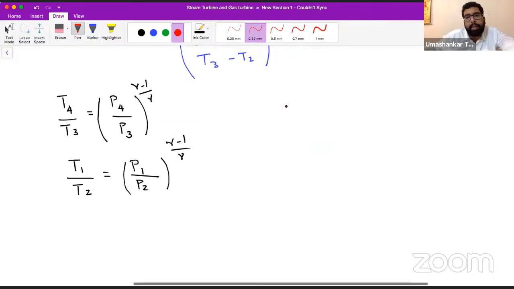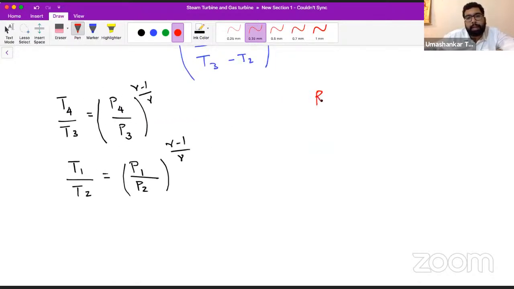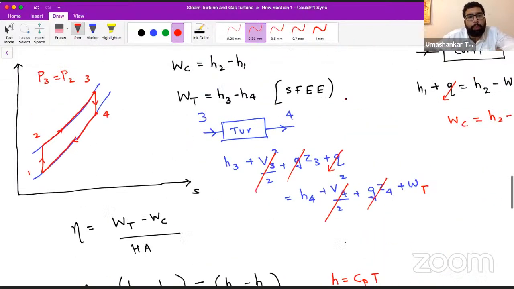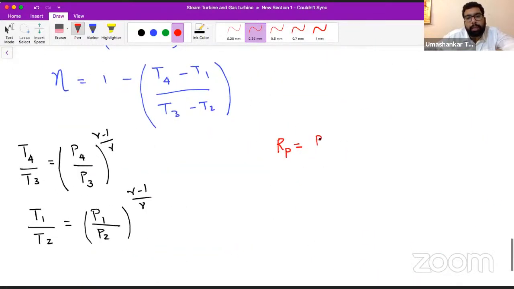So let me introduce a term that is pressure ratio. So let me name this pressure ratio as Rp. So pressure ratio is higher pressure by lower pressure. So we can call it as P3 by P4, or we may call it as P2 by P1, because as I have said, in Brayton cycle, P3, P2 or P2, P3, whatever you may want to say, and P4, P1, both are equal.